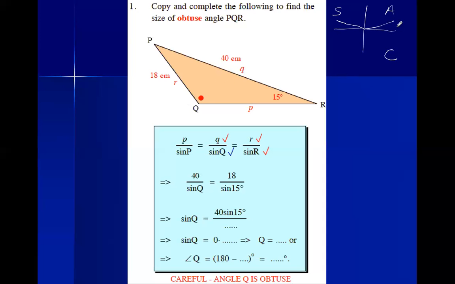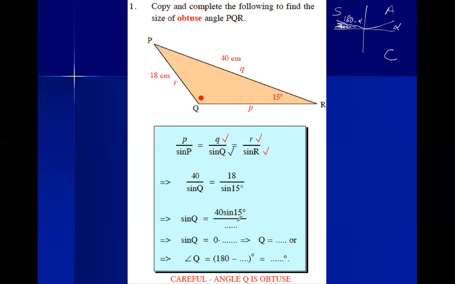So once you find your angle, we'll call it alpha, you need to do 180 take away that angle to get the obtuse angle. That's why CAST is quite useful sometimes, because it shows you where they are and what you should be looking for. Here I've got 40 divided by sine q equals 18 divided by sine 15.